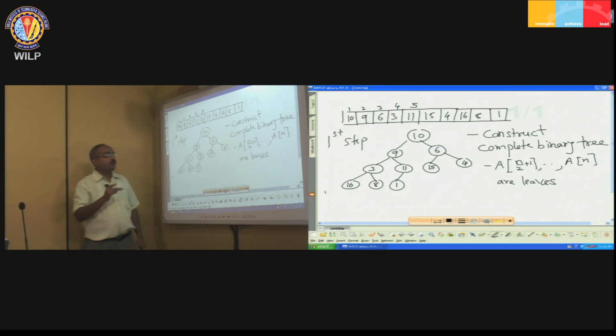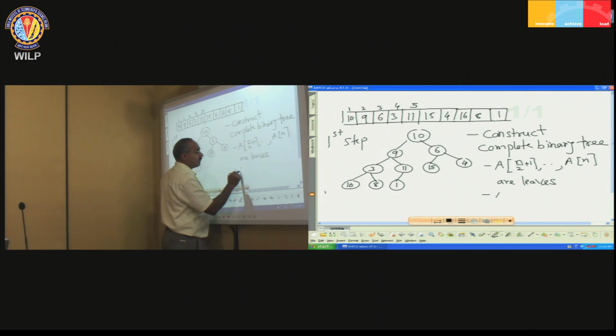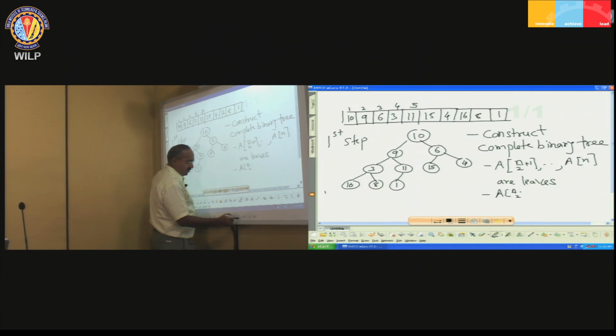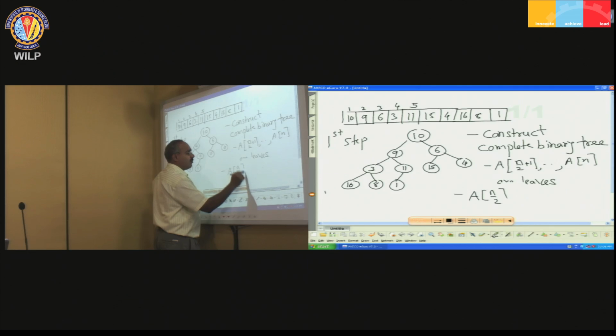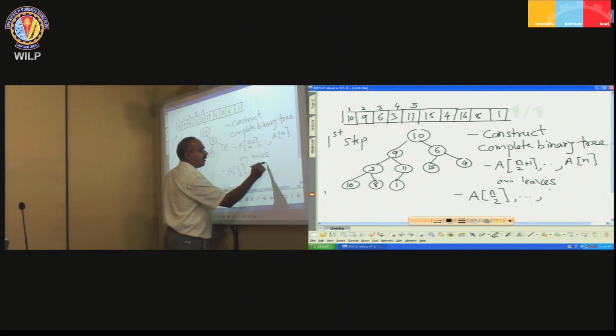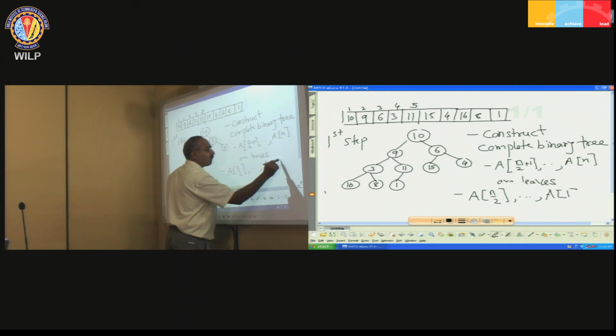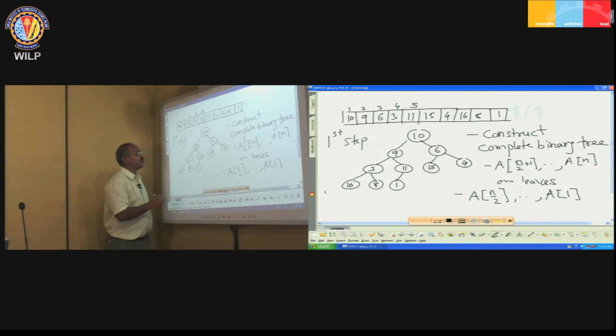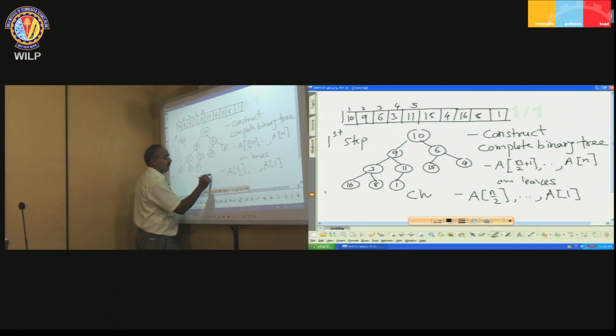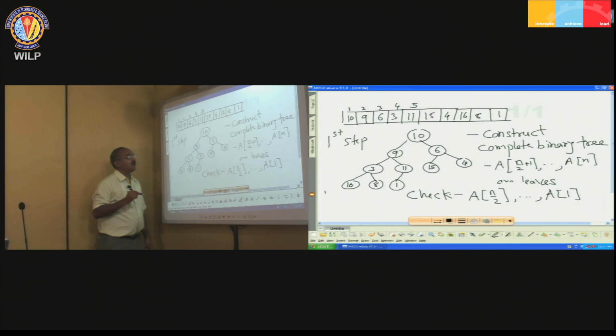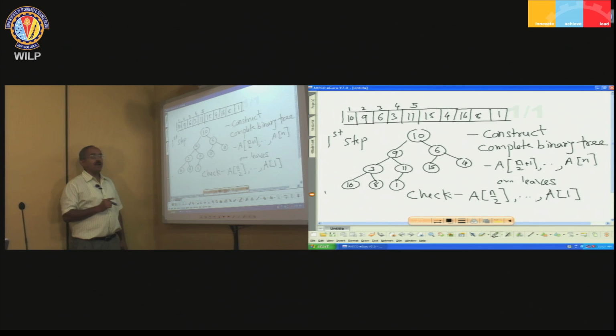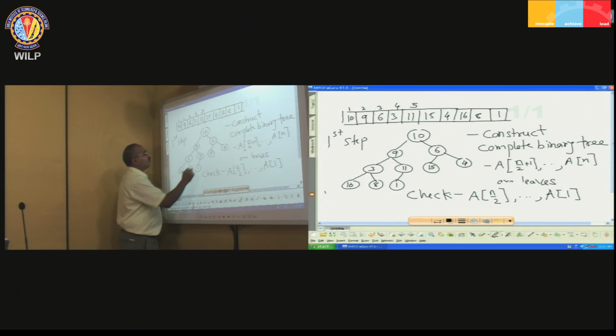So the heap property will be checked only from a n by 2 until a 1, correct. So that is going to be here.